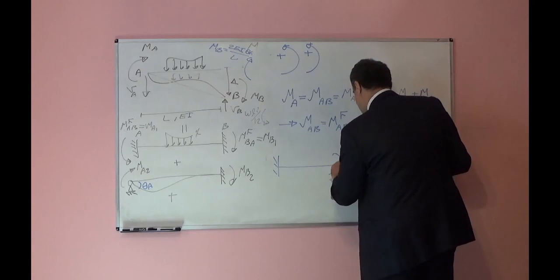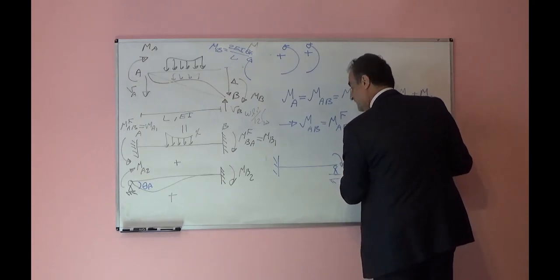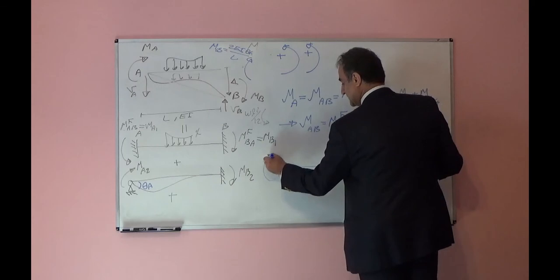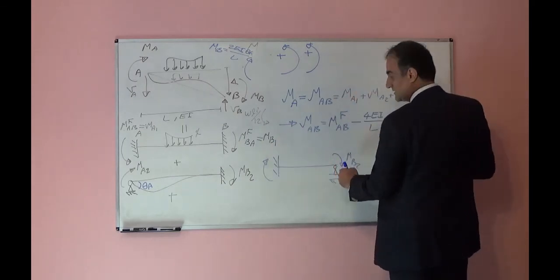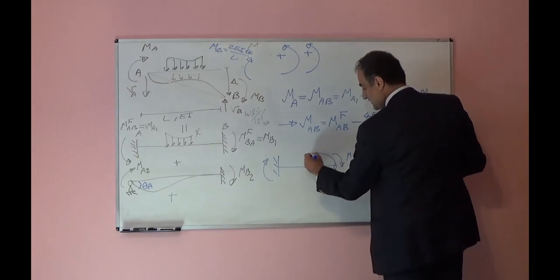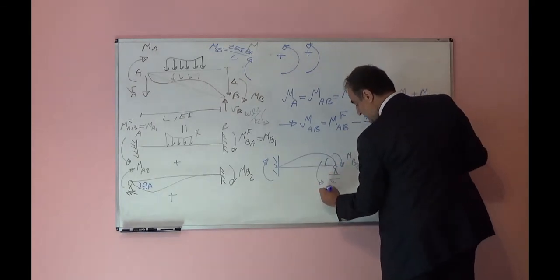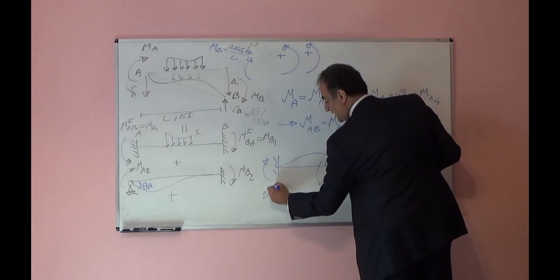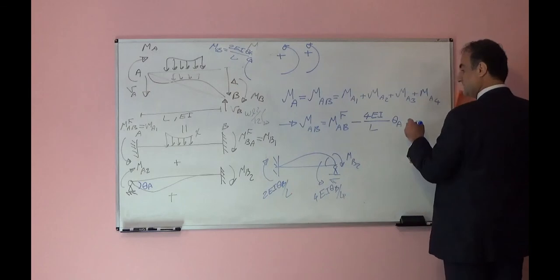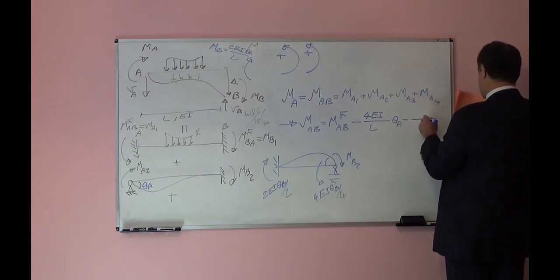If I apply MB2, what will be the reaction here? The reaction here will be half of MB2 because this is theta B. This will be 4EI theta B over L. This will be 2EI, half of that, theta B over L. So if I add that, it will be again clockwise, negative 2EI over L theta B.